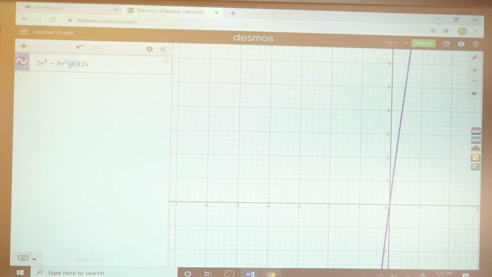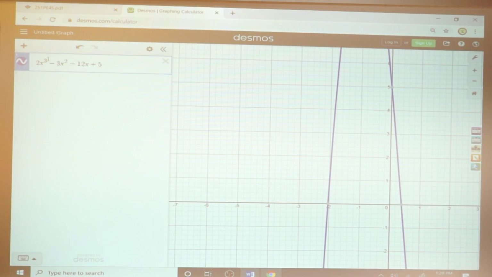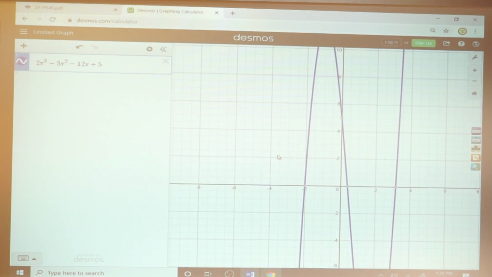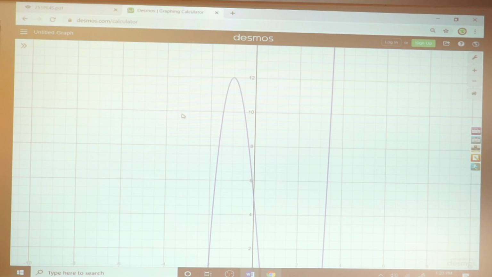Minus 12x plus 5. And minimize it a little bit.